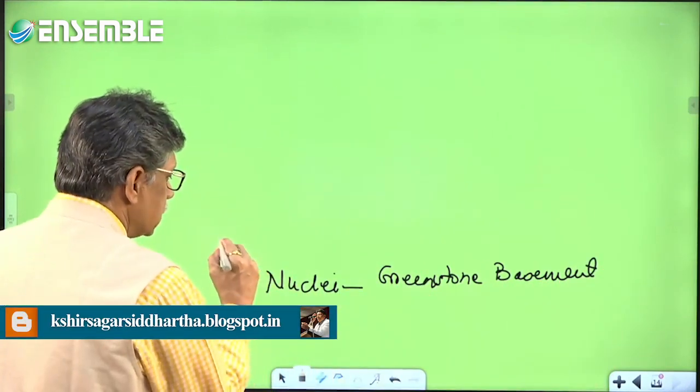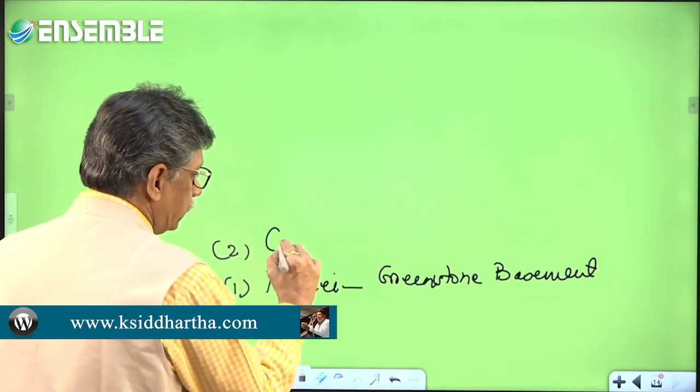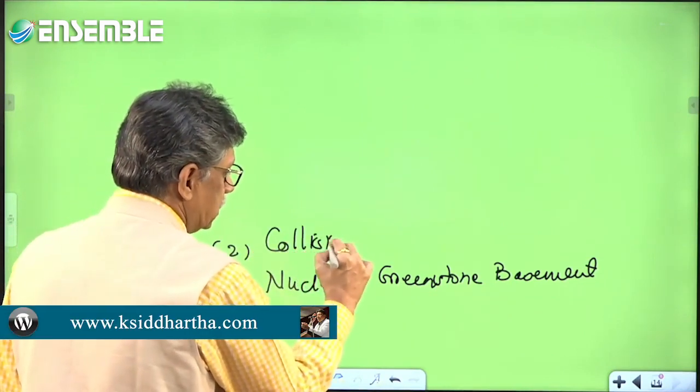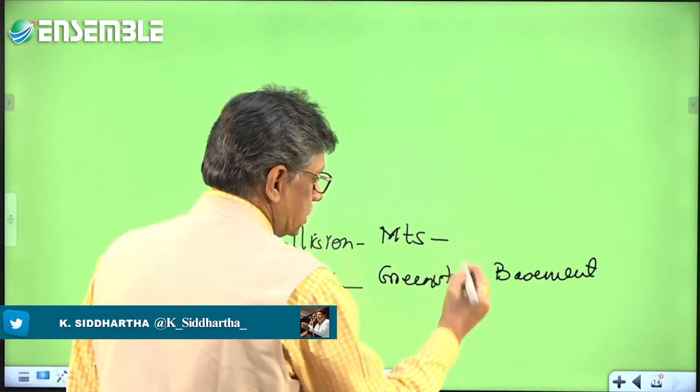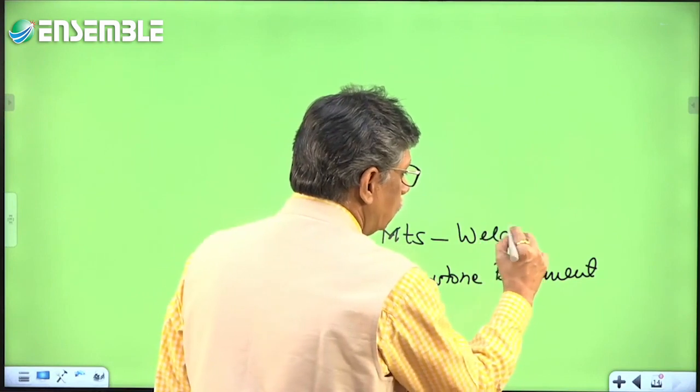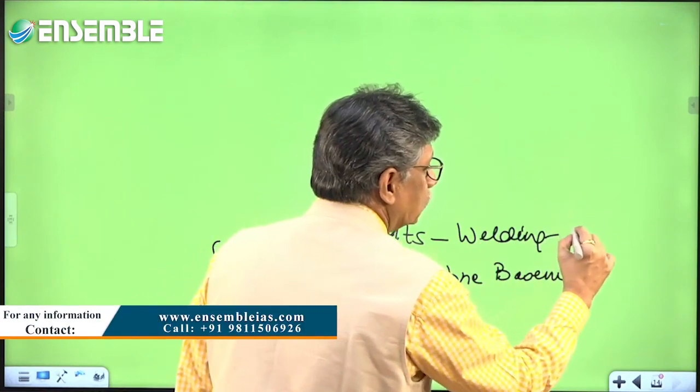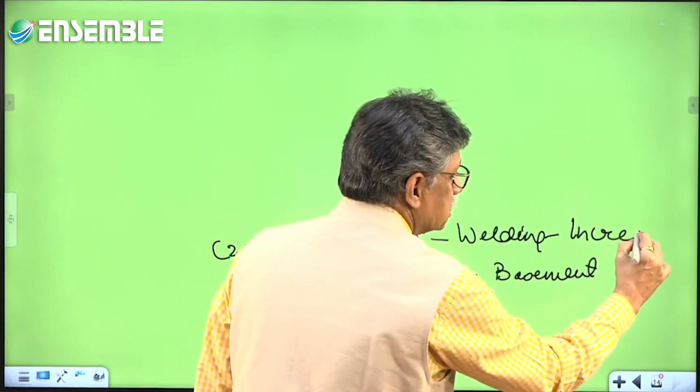The second was the collision of all of these basements. That led to the formation of mountains. Mountains led to the formation of welding. That led to an increase in size.